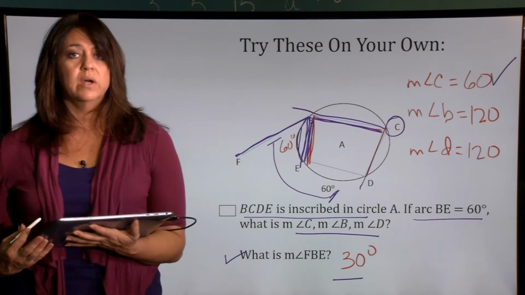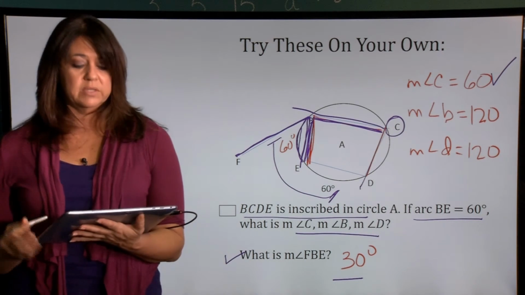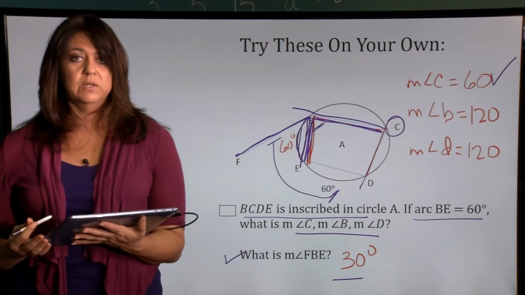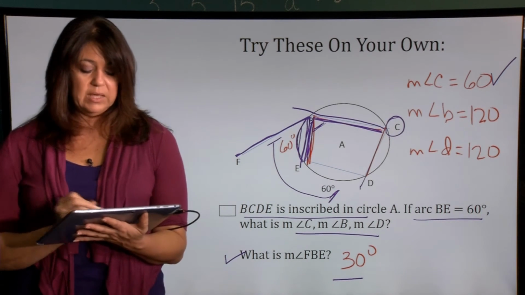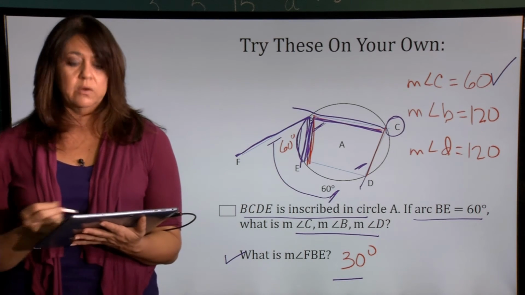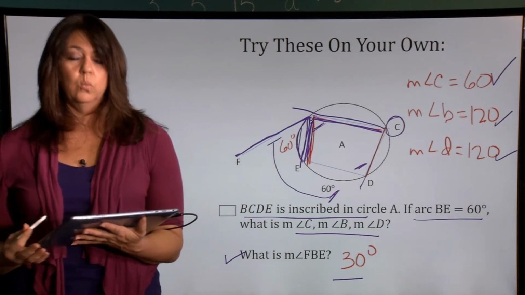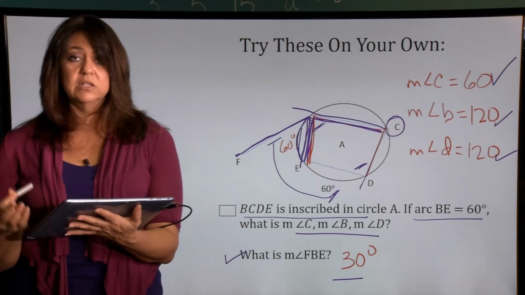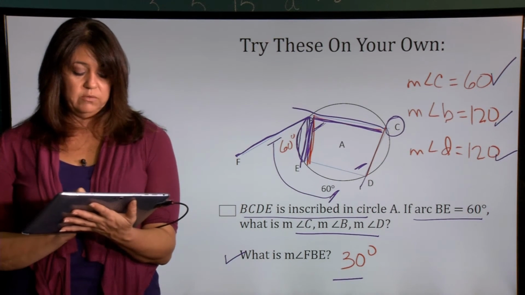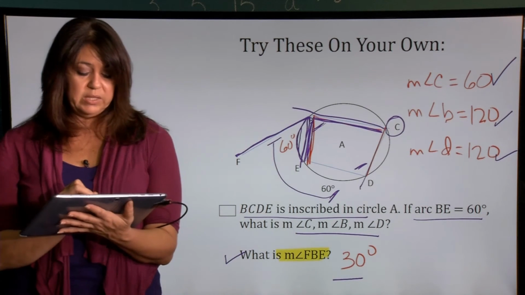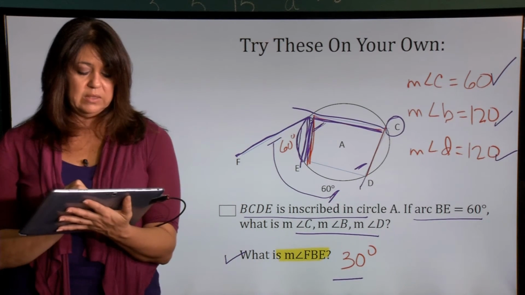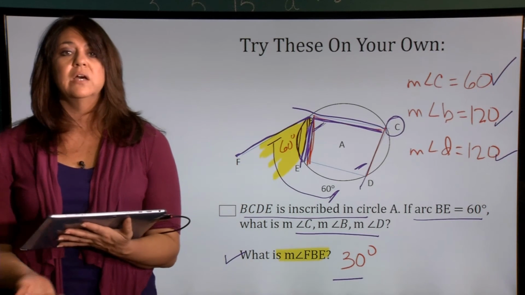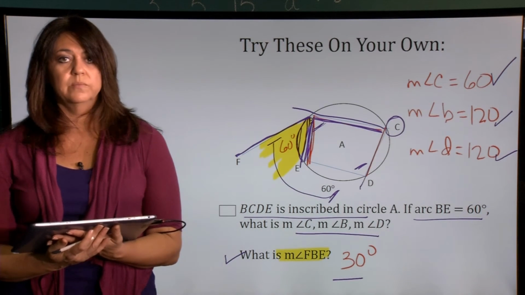Looking only at the quadrilateral, angle C and this angle B here are supplementary. So are C and D. So that's how we know that they both measure 120 degrees. Then, again, just to illustrate, when we're looking for angle FBE, we're talking about this space here on the other side of the quadrilateral.